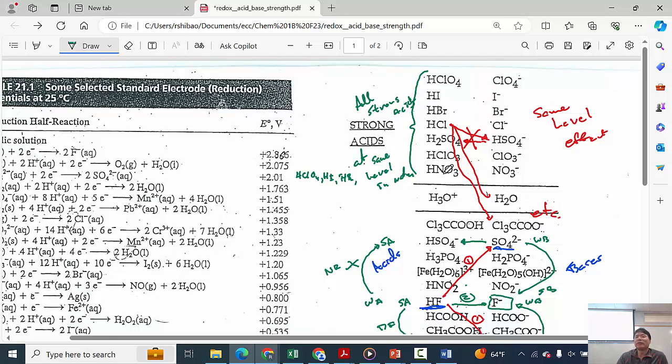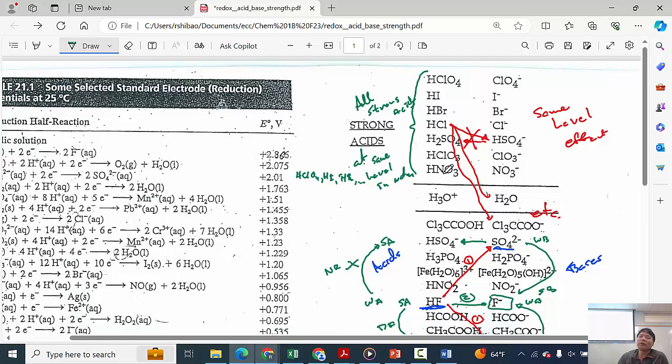This ranking comes from what we call the gas phase. If there's no water around, then how easy is it to pluck the proton? Or it can come from theory. HClO4 for sure is the easiest to pluck the proton. The same level is determined by water. This ranking here is determined by gas phase.